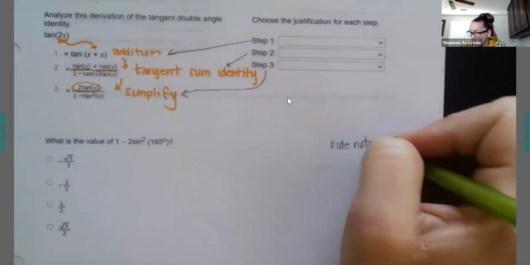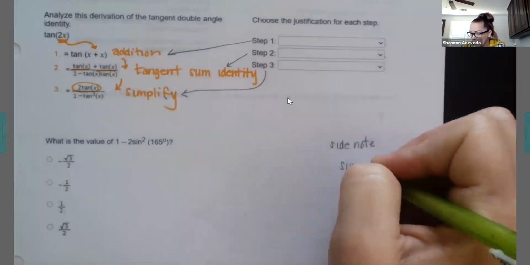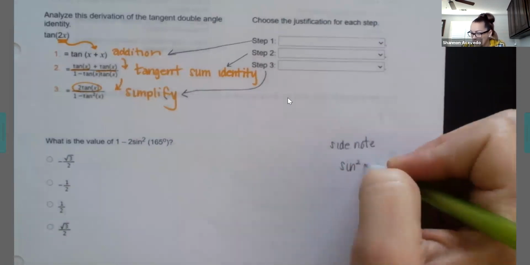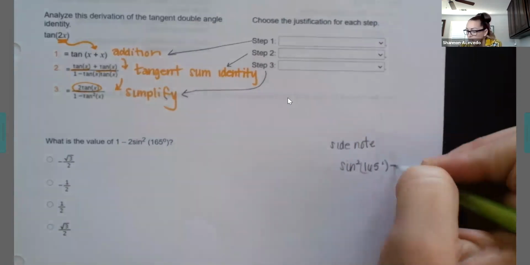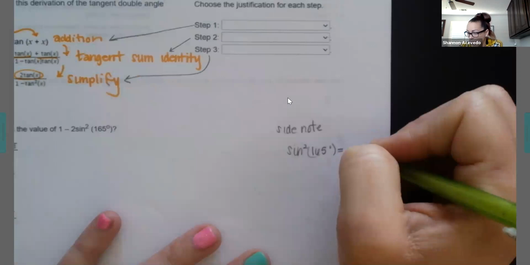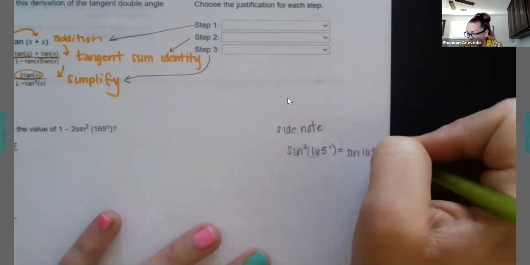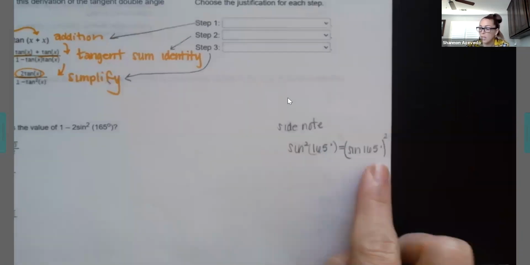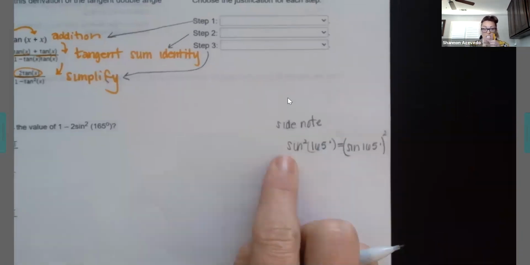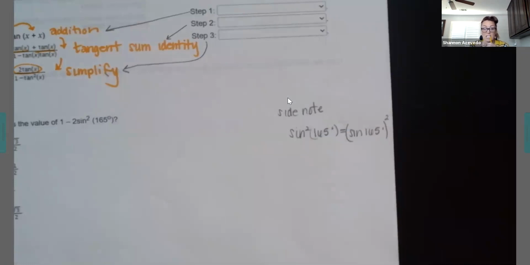if I have sine squared of 165 degrees, this is the same thing as saying sine of 165 degrees, squared. Those are equivalent. When it's sine squared, the squared is next to the sine, it's saying it's the whole thing squared.